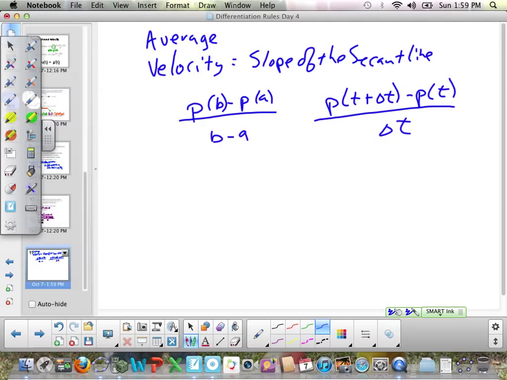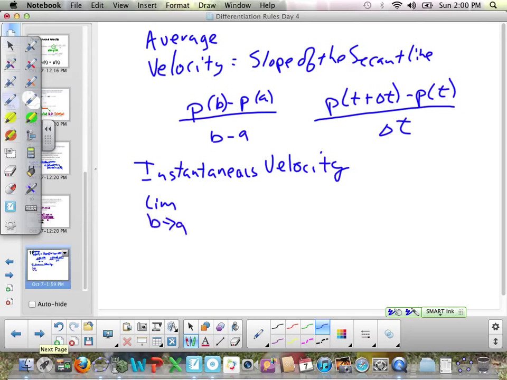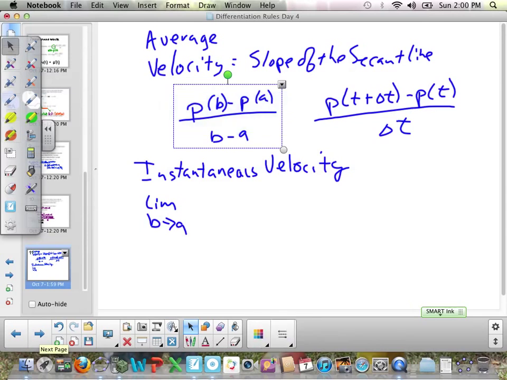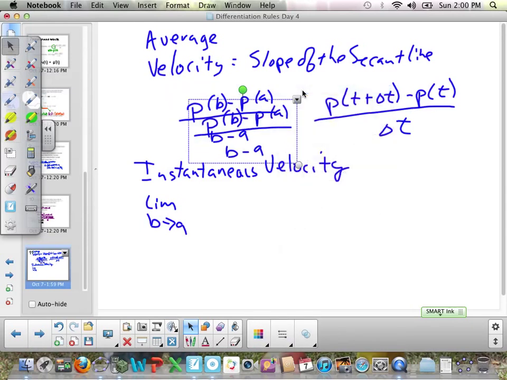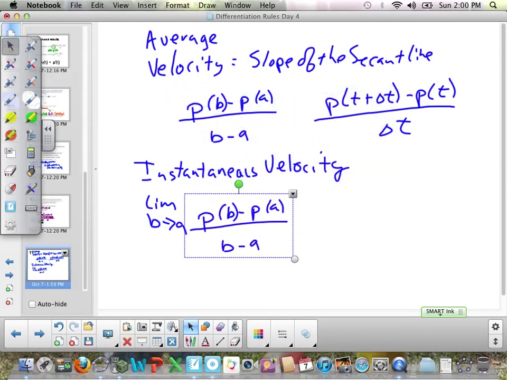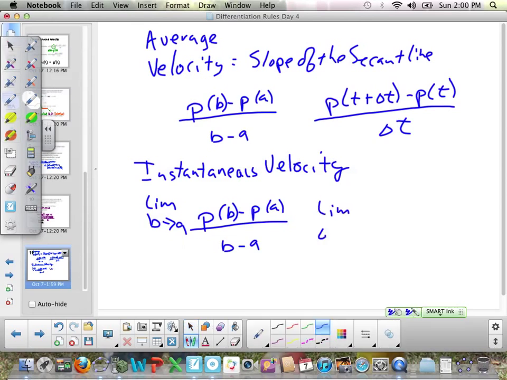And then instantaneous velocity, well, that is your derivative. And to find the derivative, you just take the limit. In the first one, b approaches a. And in the second one, delta t approaches 0.